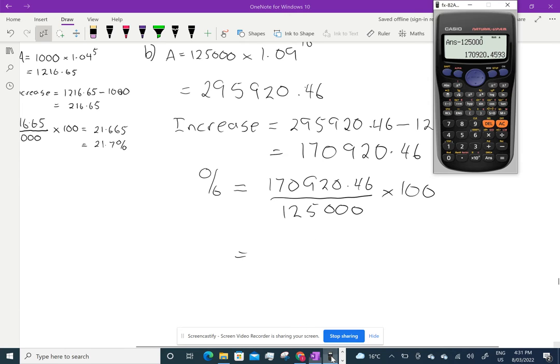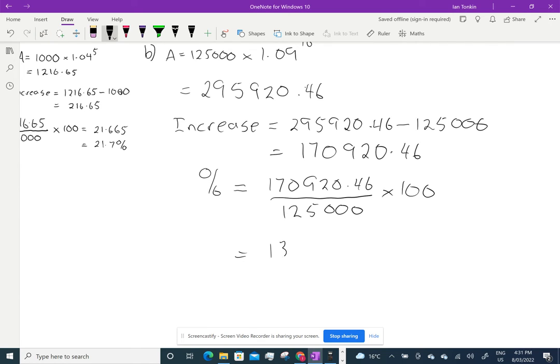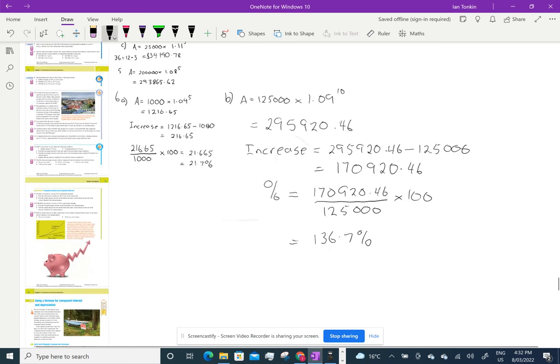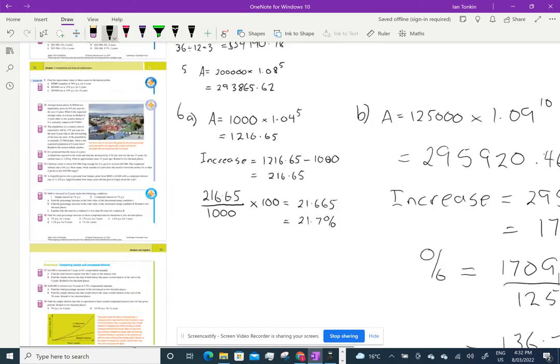So if I pull it up and I just go that answer divided by 125,000 and I go times 100, bang. It's gone up 136%. Let's double check that with our answers and we're right, 136.7%. So that's how you do question 6.